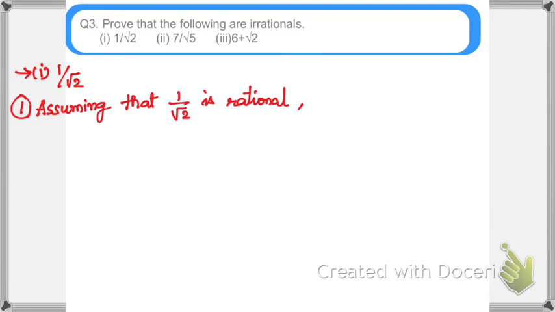Then, if it's a rational number, 1 by root 2 can easily be represented as A by B, where B is not equal to 0 and A and B are co-prime integers.